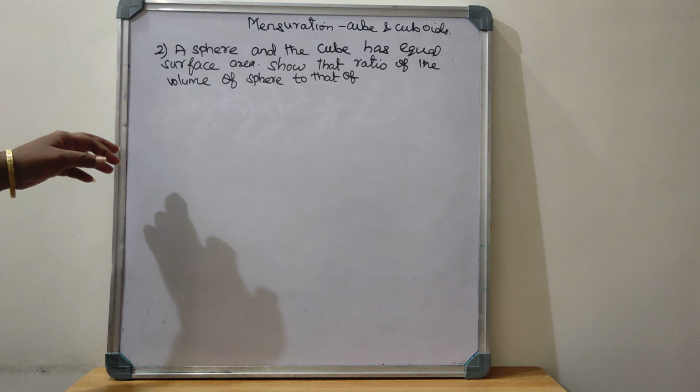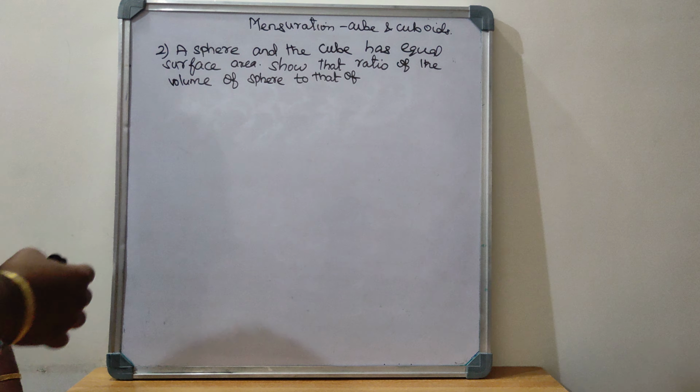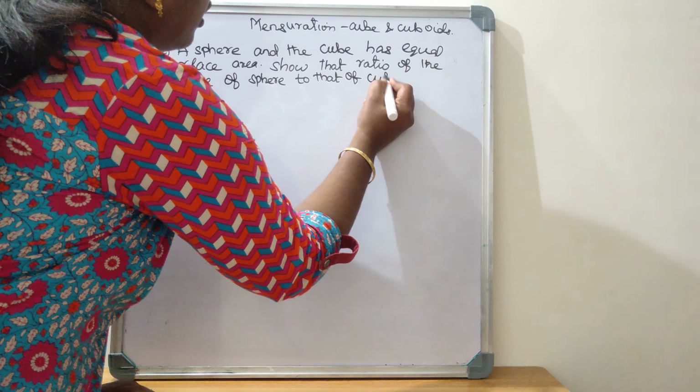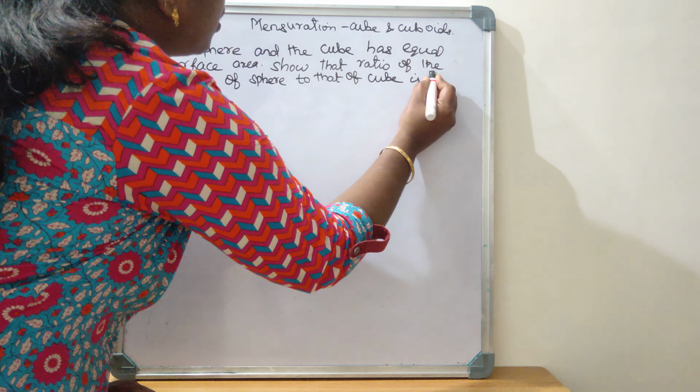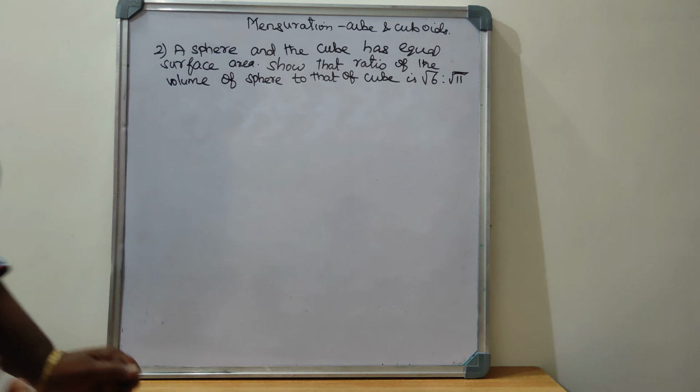And second question: the sphere and the cube have an equal surface area. Show that the ratio of the volume of the sphere to that of the cube is root 6 ratio root pi.